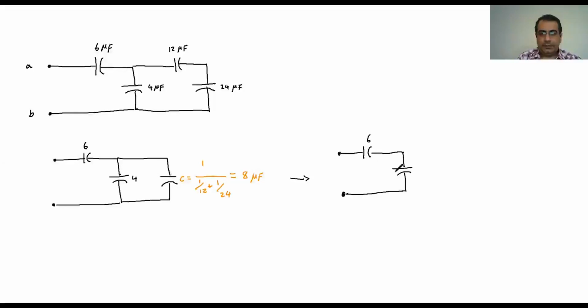Because they are in parallel, it's going to be just adding them together. This one is 4, and this one is 8. Just add them together, and it comes out at 12 microfarad.